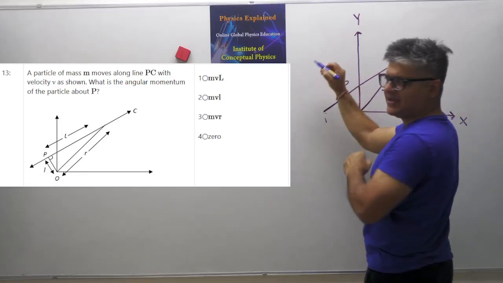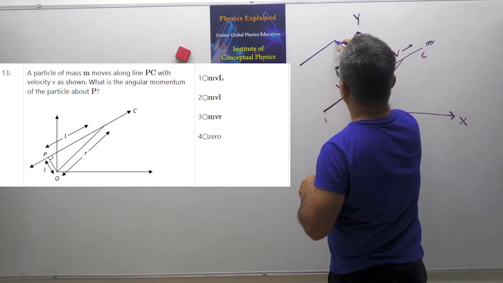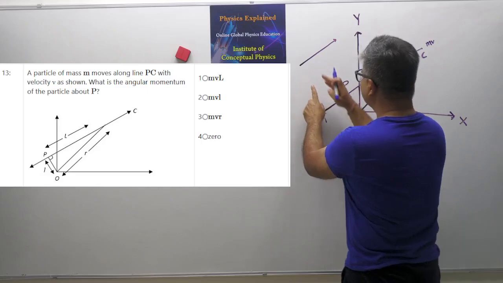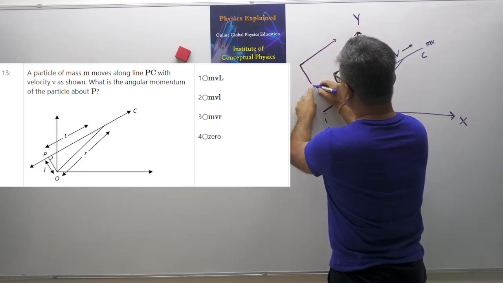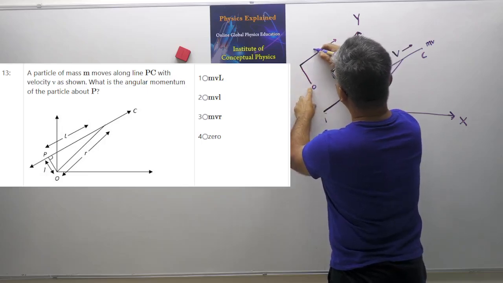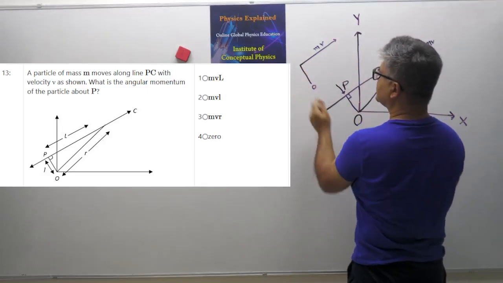You have the linear momentum in this direction, and there is no perpendicular distance available to you on the direction of linear momentum. So this perpendicular is missing.